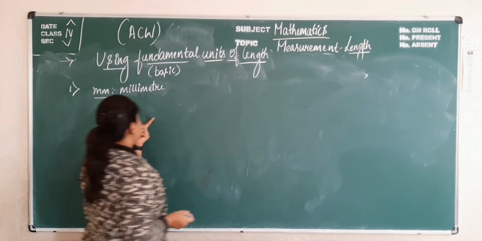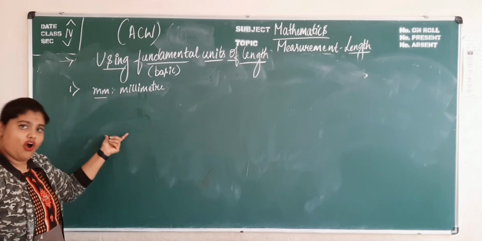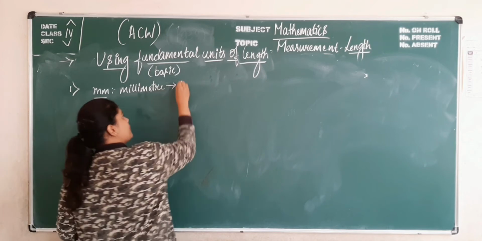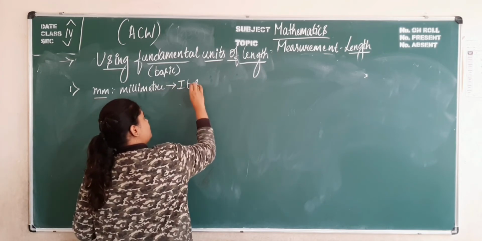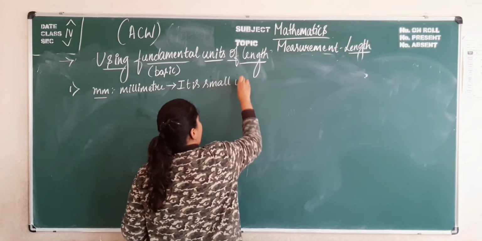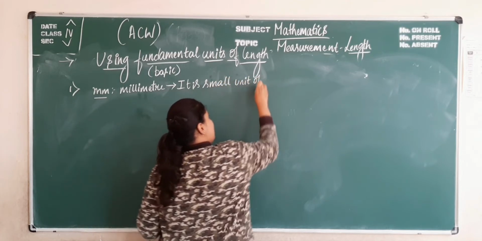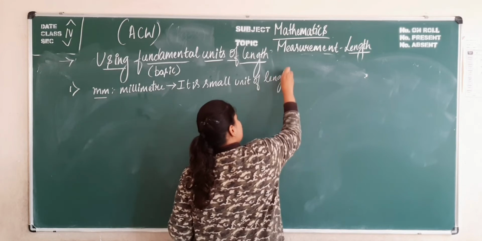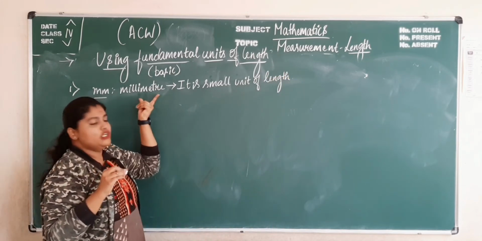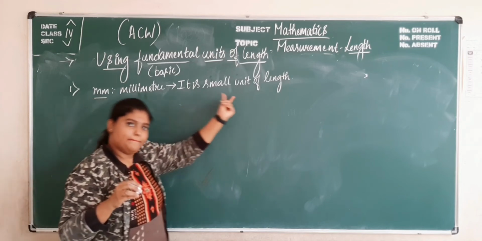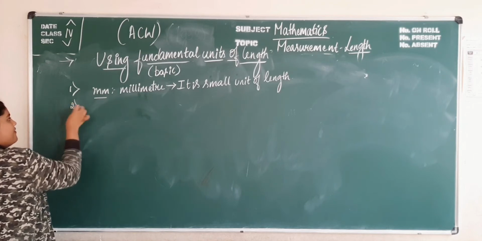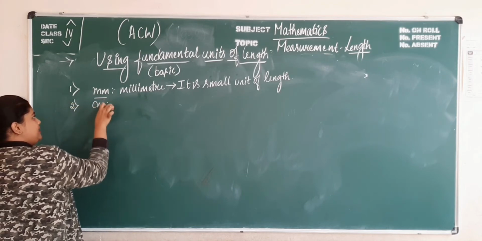So millimeter is a small unit of length. To measure small lengths, what we do, we use a unit called as millimeter.